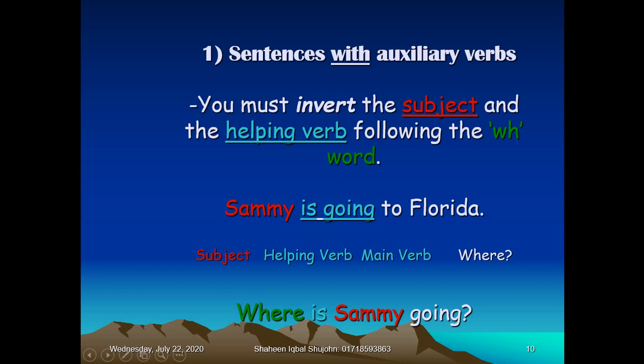So the subject remains unchanged. And if we have a subject in an interrogative sentence, then the auxiliary or auxiliary-related verb must come before the subject. Here, is has come before the subject. Where is Sammy going?